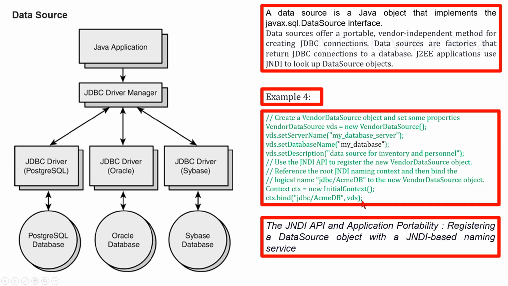Here you can see, now we are considering the JNDI API and application portability. Here, registering a data source object with the JNDI-based naming service.